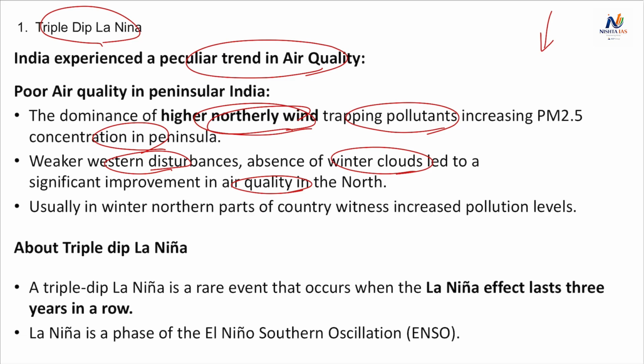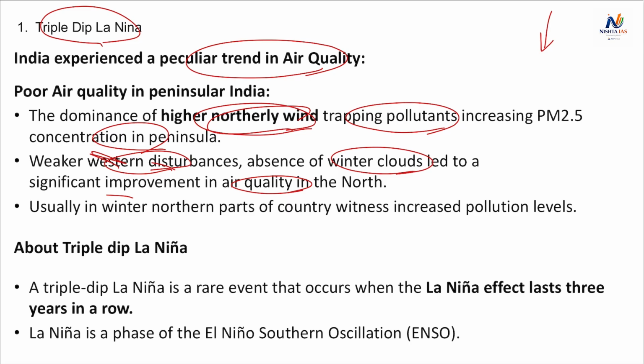Friends, in the north, in the winter you get western disturbances. Western disturbances give rainfall and clouds. In La Nina we have more summer rainfall. Because of more summer rainfall, the winter rainfall is compromised. As the winter rainfall is less, the cloud formation due to western disturbances is less.